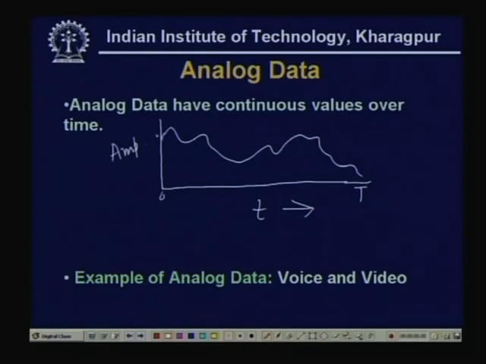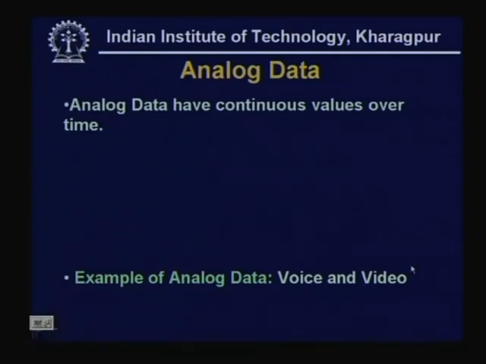That means the signal levels can vary within some range, say up to a maximum, and any value within that range, then we call it analog data. So, this is the example of analog data. For example, voice and video are analog data that are commonly sent over a medium.